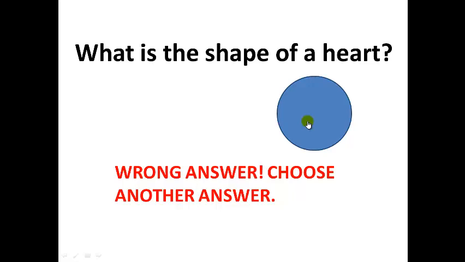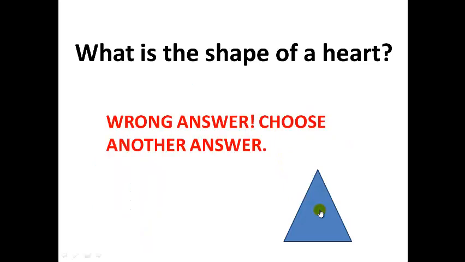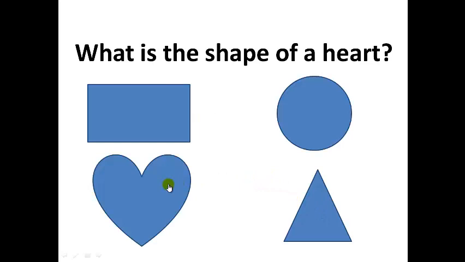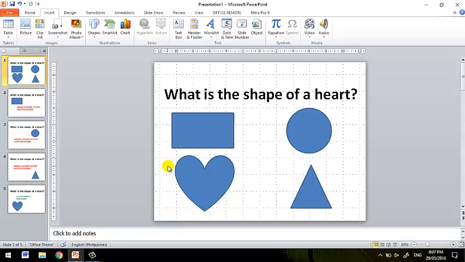So let's click again to go back to the first slide. So let's try this one. Wrong answer, choose another answer. So click again. Let's try this one, which is the correct answer. You're correct. Very good. So let's go back. So press the escape button on the keyboard. So it means that your linking is complete or correct.